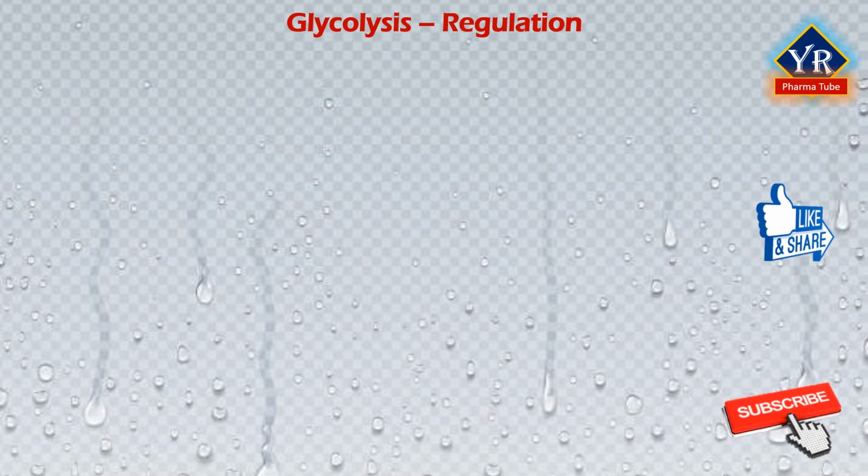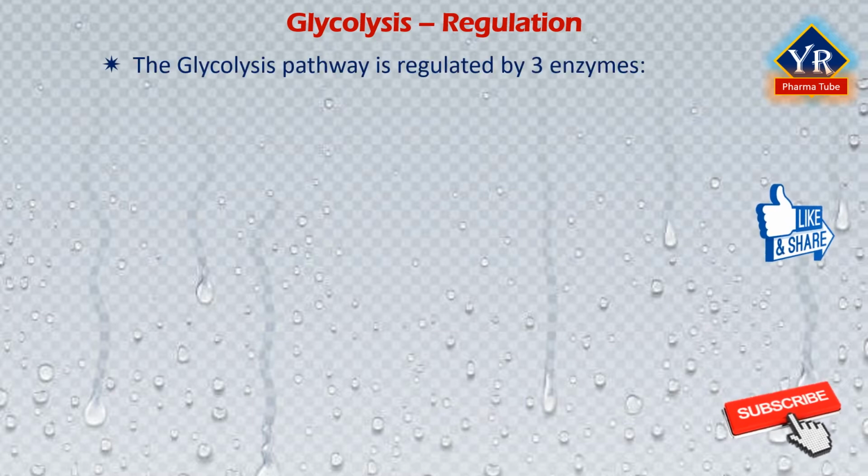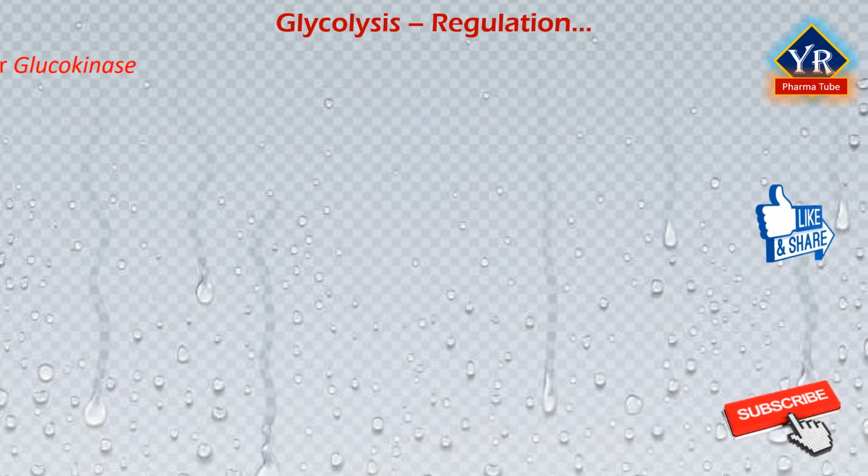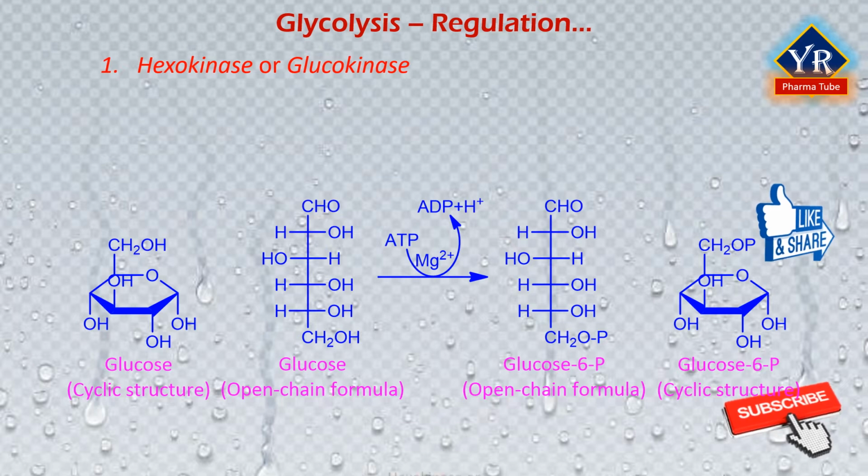Regulation of glycolysis. Glycolysis is regulated at 3 different steps which are irreversible reactions. These 3 reactions are catalyzed by number 1 glucokinase and hexokinase, number 2 phosphofructokinase, and number 3 pyruvate kinase. Hexokinase and glucokinase.